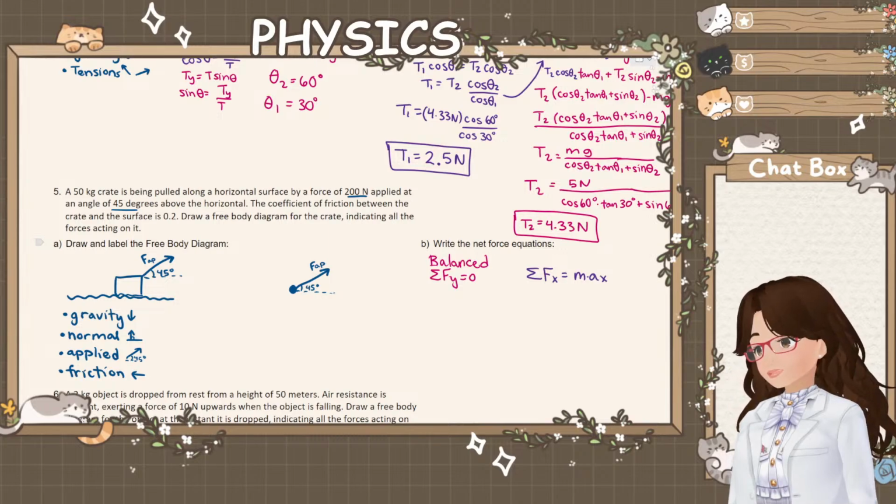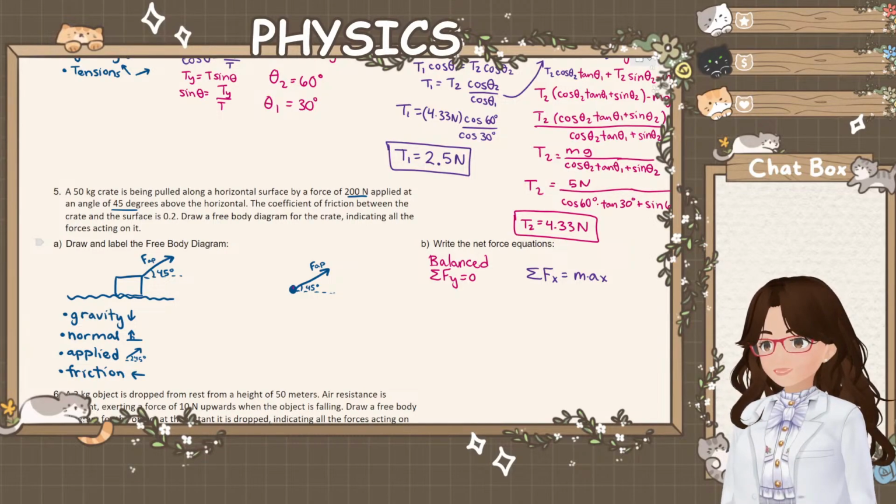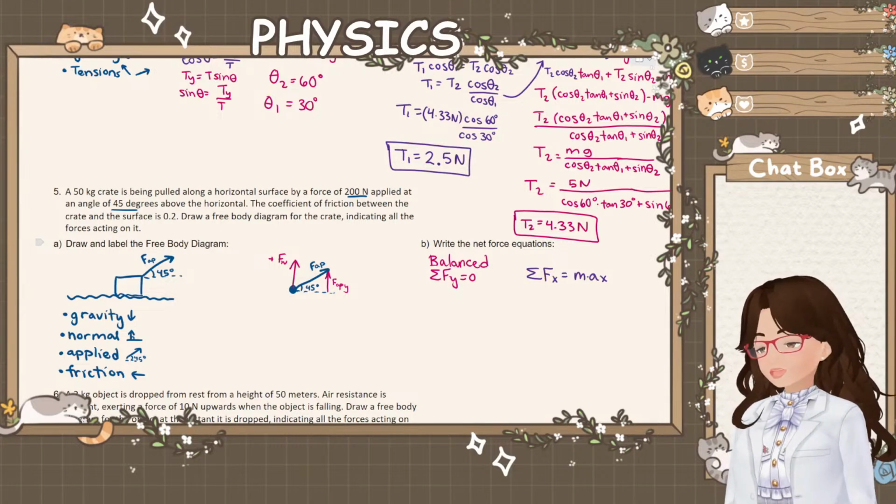Okay, so 45 degrees, and this is the F applied. In this case, I'm going to also go ahead and add a couple more forces. I'm going to add my normal force first. And notice I'm not going to make it super tall. I also want to think about the fact that there is an upward component from here. Because when I draw my balanced force for the y component, the gravity needs to equal the y component plus the normal force.